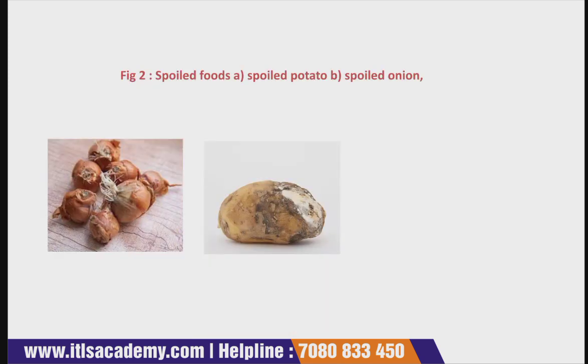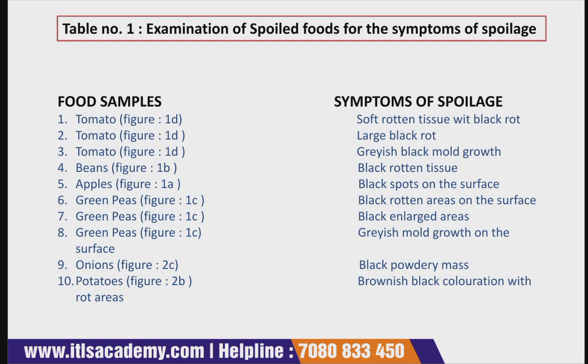Now moving to the next image, it shows onions and potatoes. You can easily see that these onions and potatoes are unfit for human consumption. So what are the symptoms? In figure 1, the tomatoes show soft rotten tissue with black rot.